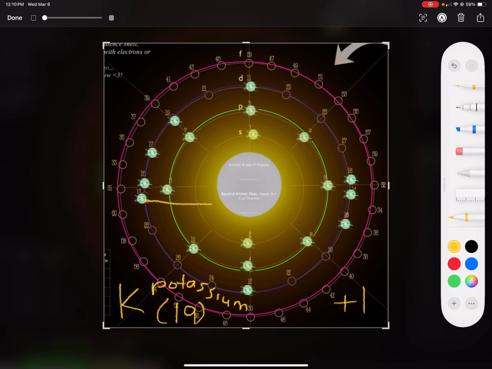This one is partnered with this one. This one is partnered with this one. This one is partnered with this one, but this one, oh no. Oh, hold on. This one, if you notice, is missing a partner. Aha! It's missing a partner.